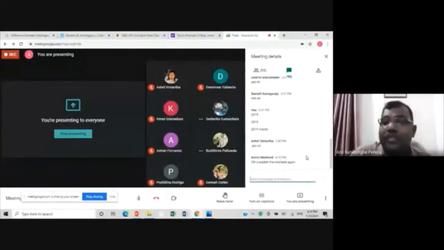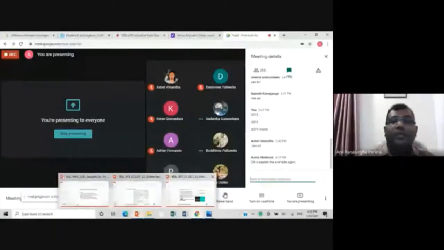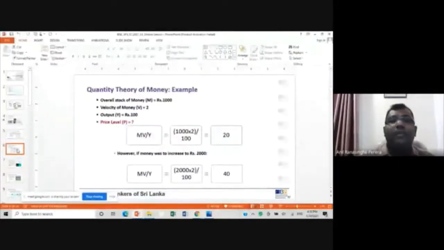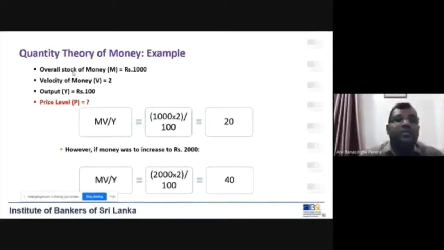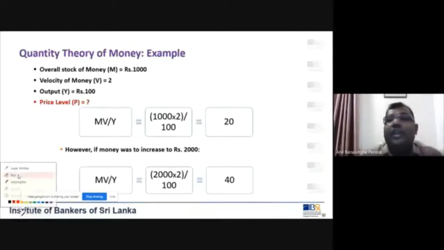Can you explain the example again, which means the numbers, right? Yes, I will do. In the example, we have numbers given: stock of money 1000, velocity of money 2, output is 100. What is the price level? To answer this question, the easiest way is to use this simple equation, MV equal PY.